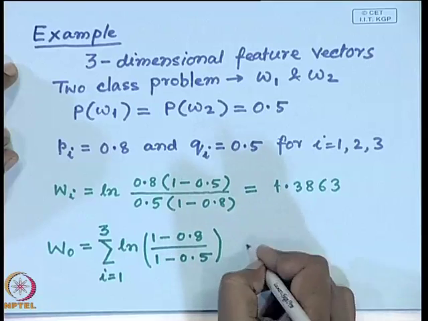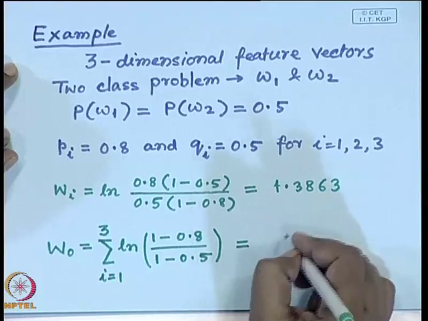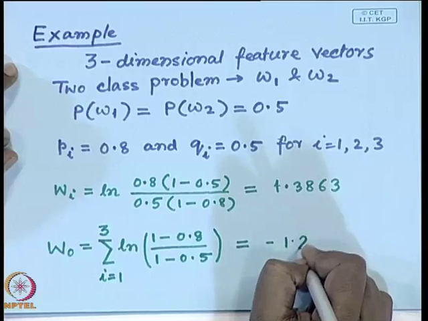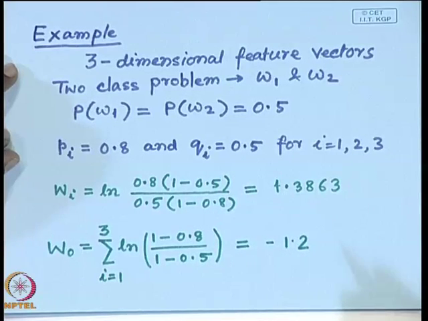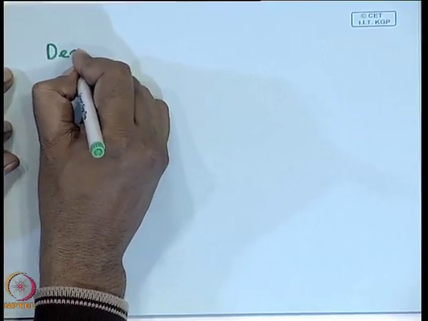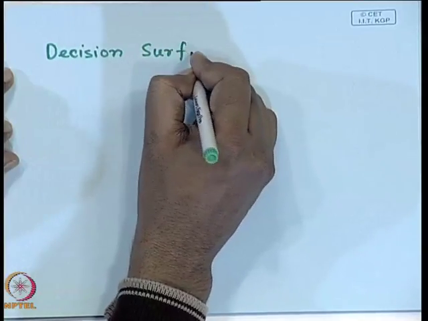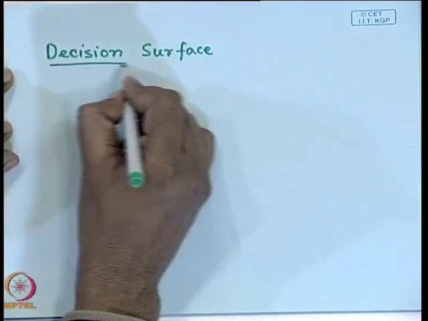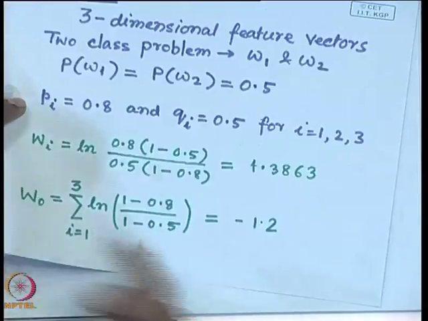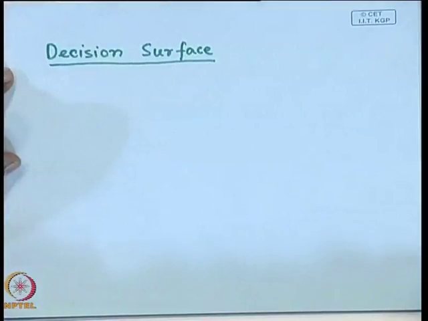And you will find that this value will be something like this. So, given this, the decision surface between the classes omega 1 and omega 2, you verify these values, whether we are truly getting these values or not.